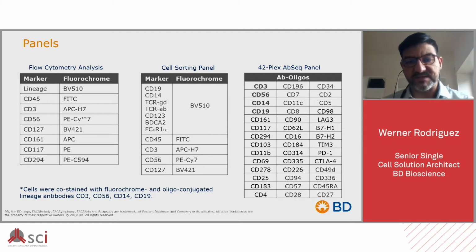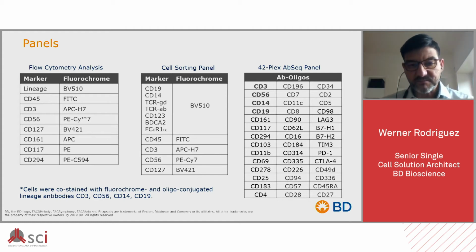In the middle, we will see a sorting panel that has been used for sorting our cells, positively, for CD127. And we wanted, of course, to eliminate cells that would not be part of our ILC.